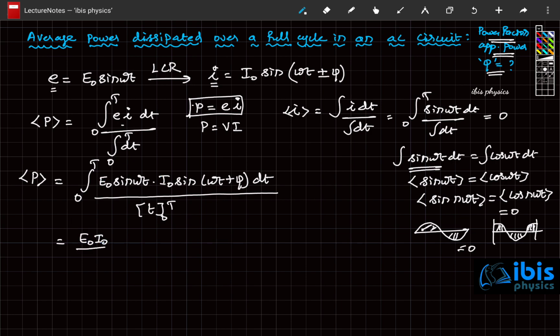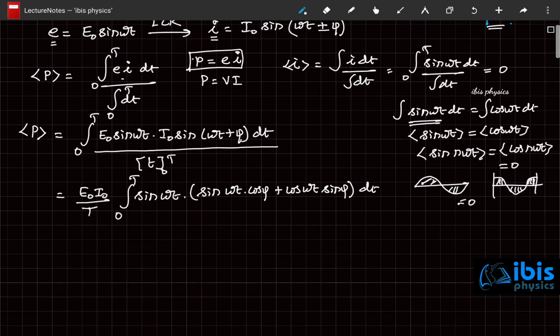E naught I naught by t, integral 0 to t, sine omega t into sine of omega t plus phi. So sine of a plus b, I can write as sine a cos b plus cos a sine b, into dt.